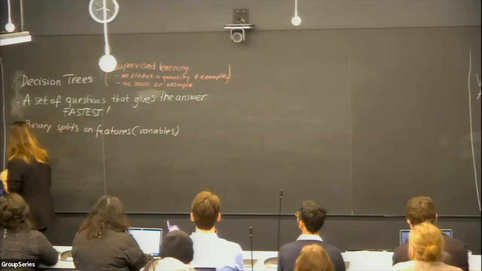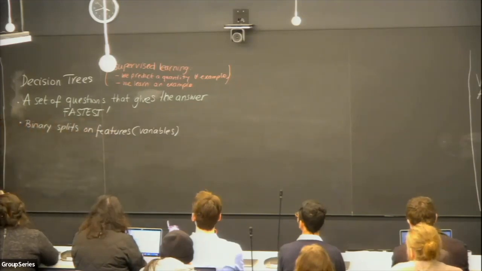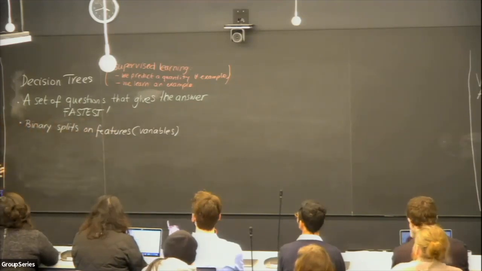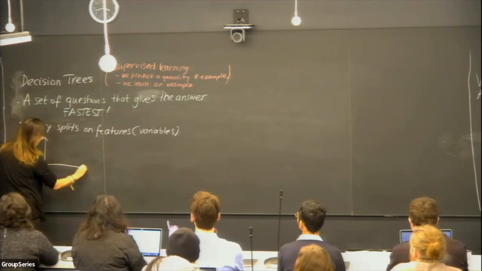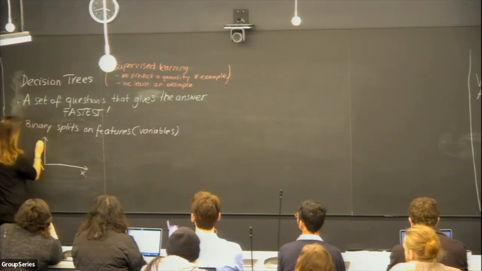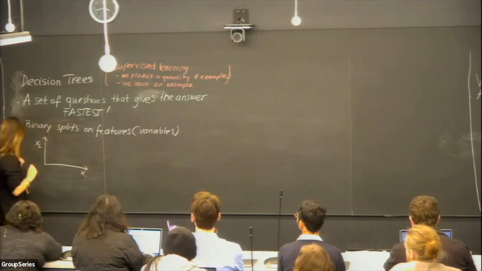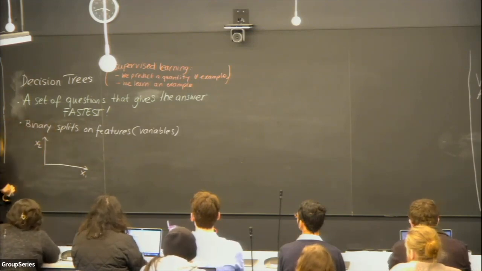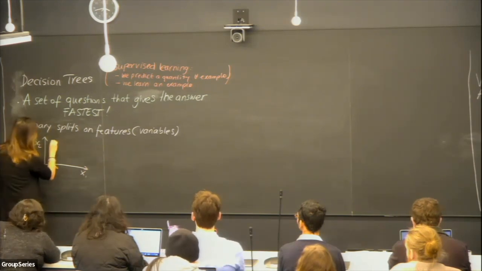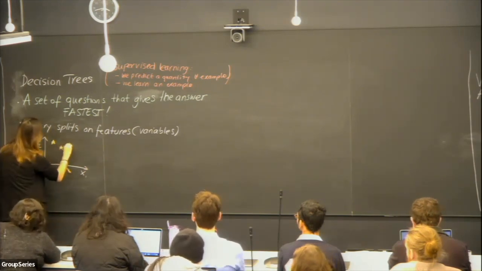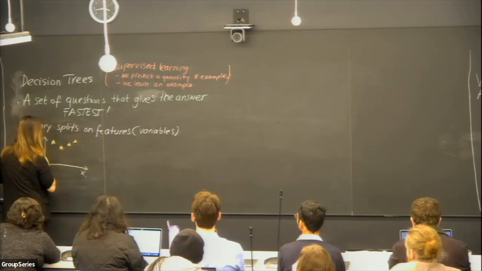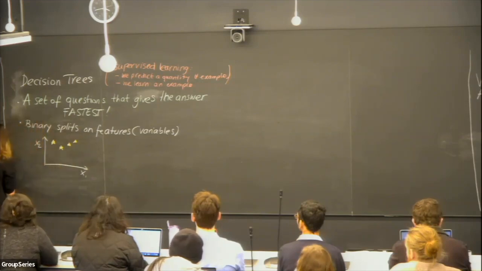Okay, so let's say that I will make a star galaxy separator. Say that I have a very simple data set. I have two features. Let's put some stars here. And then we also put some galaxies.